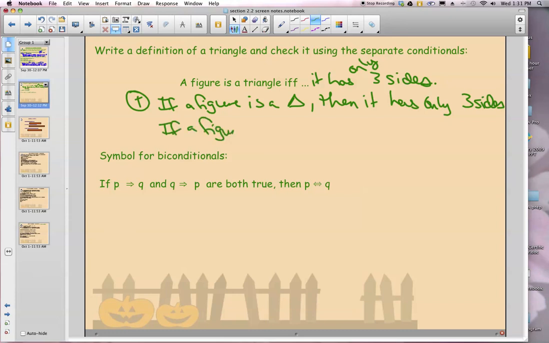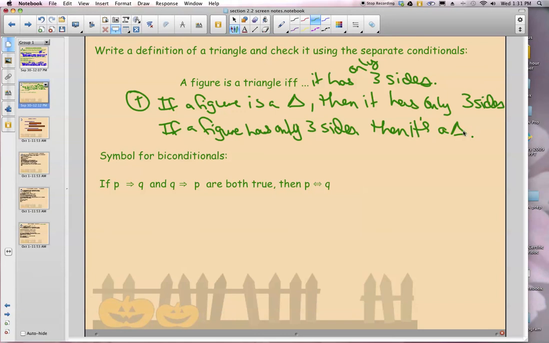And now your trick is, can you find a counterexample? Okay, is that one true or false? If a figure has only 3 sides, then it's a triangle.